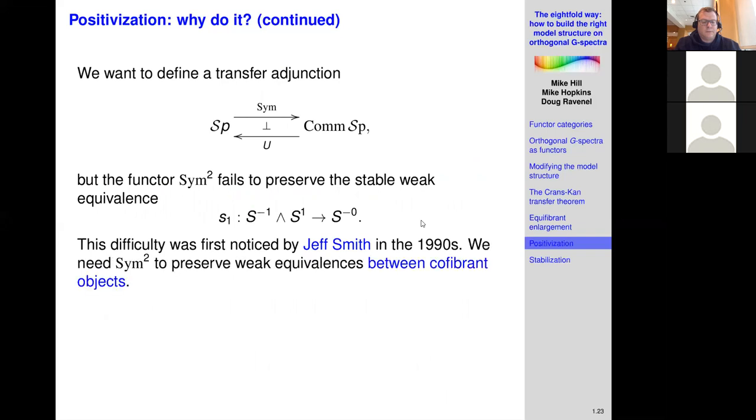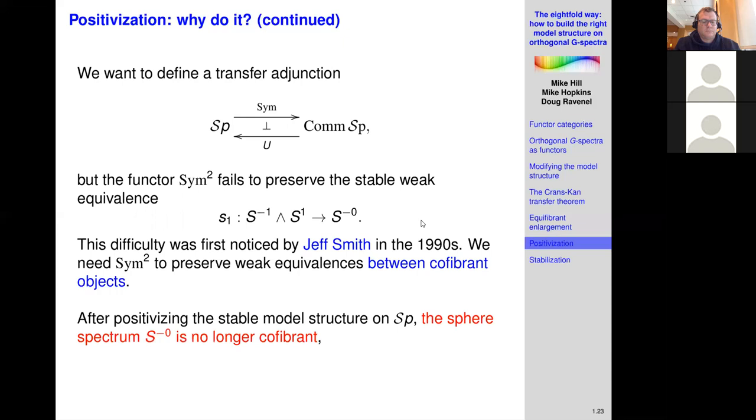So there is a way around it. Now, Sym2 is supposed to preserve weak equivalences between cofibrant objects. If both of the objects here are cofibrant, it doesn't, so we have a problem. So we're going to positivize the stable model structure on SP, as I described before.